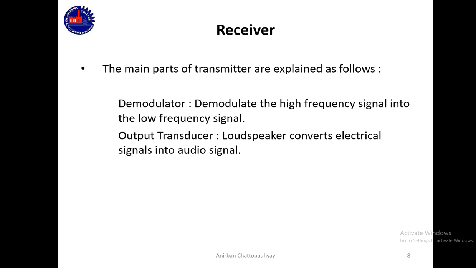Still our signal is not my original message signal. It is still an electrical signal. So we need to use another section, that is the output transducer. For our audio signal example, the output transducer would be the loudspeaker or amplifier, which converts the electrical signal into the audio signal again.